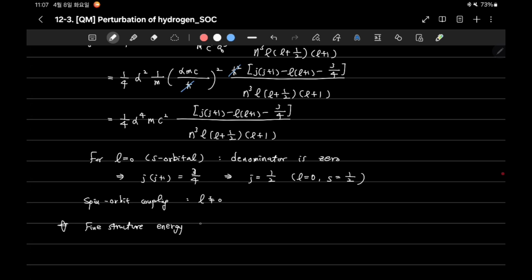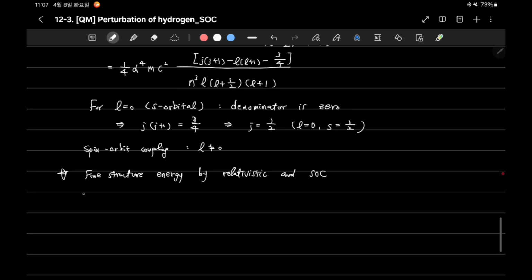Finally, fine structure energy by relativistic and spin-orbit coupling is that here fine structure first order energy correction is the summation from the relativistic plus spin-orbit interaction.